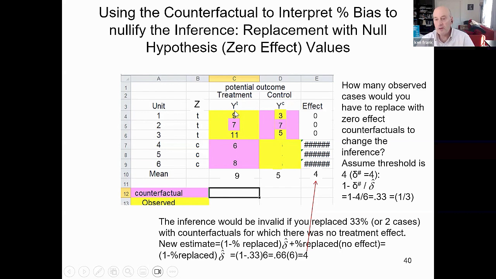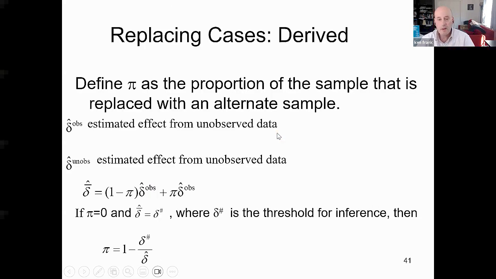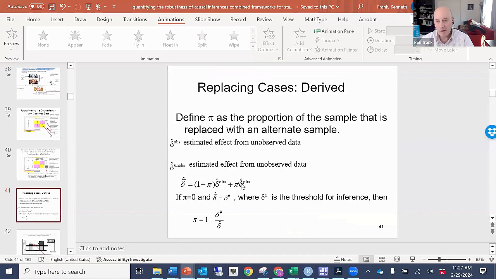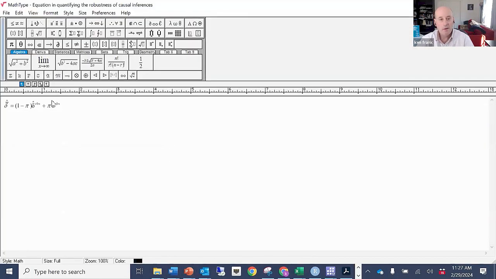So in this situation, it's the 9, 7, and 11 versus the 3, 7, and 5. And so we're going to have some sort of final observed effect. And that's in terms of some mixture of observed cases. Oh, and that should be unobserved. There should be a UN there. Sorry about that. Let's see if we can fix that. There should be a little UN.